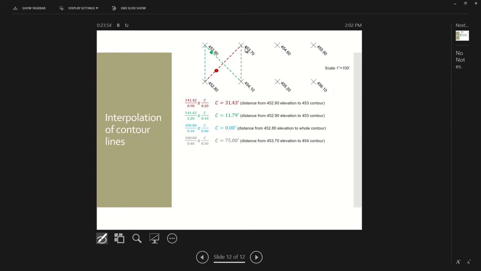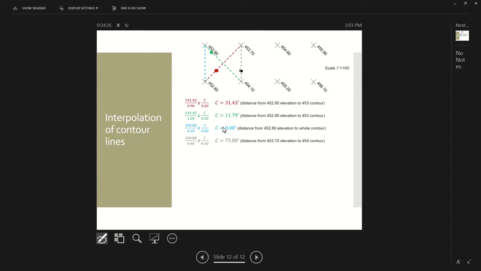In order to get to 454 from the lower one, I have to go up 0.3 feet in elevation. I apply that, and I find out I have to scale 75 feet on the scale. If I change my color to gray, I'll just do it as black because I don't have gray. I'm 75 feet away from this one if I scale with a 10 scale. So that's the 454 contour there.